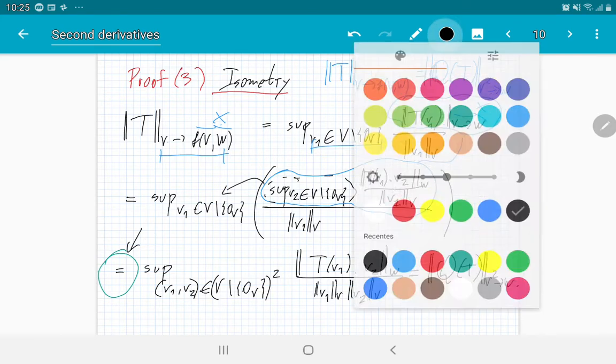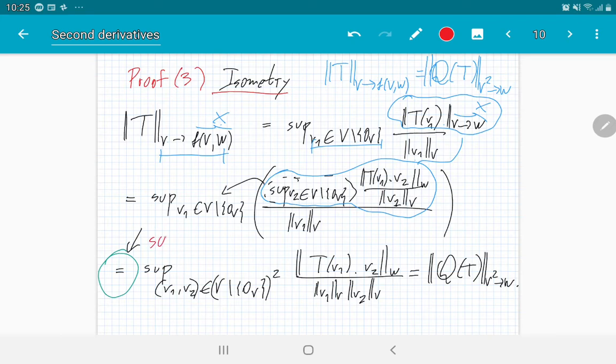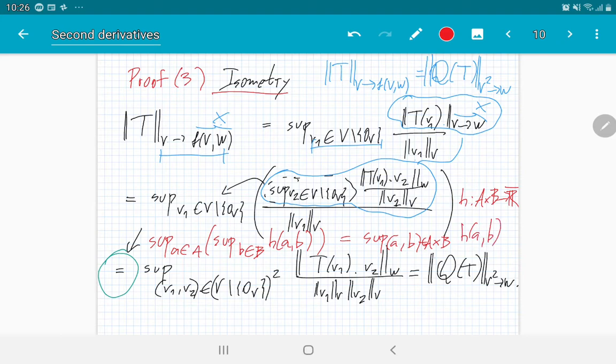I'm using a very general statement here: if I have a function from A times B to R, and I even look at extended R, where I can take the values plus and minus infinity, then I can take the supremum in the two variables in any particular order, it doesn't matter. This proof in my lecture notes in Portuguese is not a hard exercise to do, but if you accept that, then you understand the step.